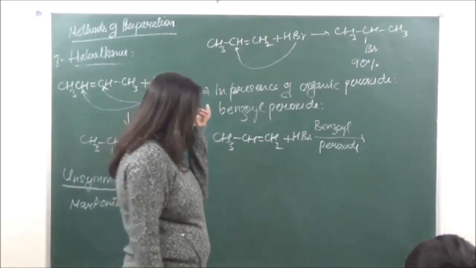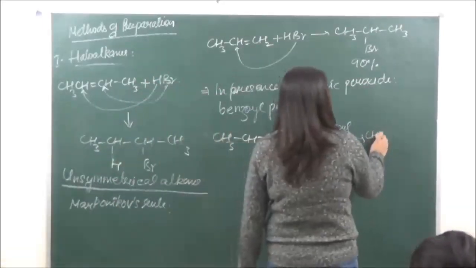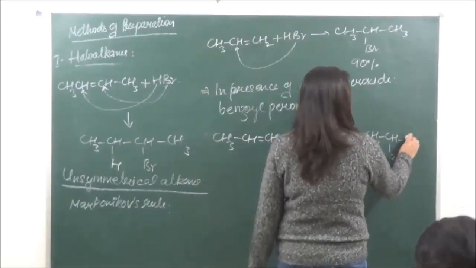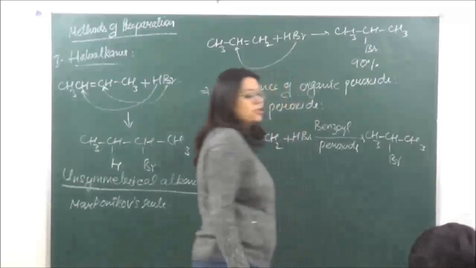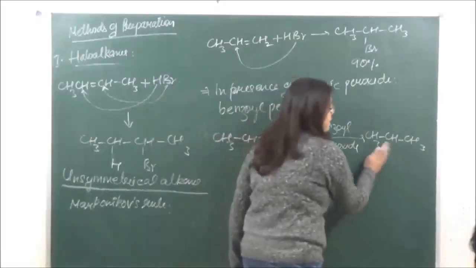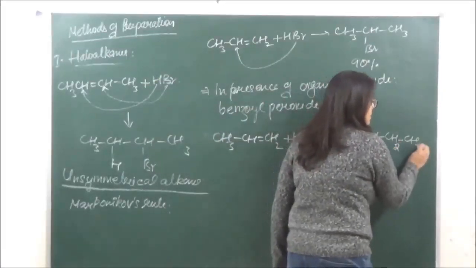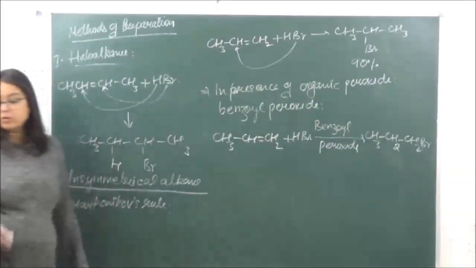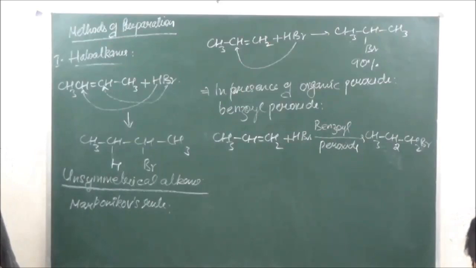So what are we going to get? We will get CH3, CH2, CH2Br, 1-bromopropane. Okay, so this is known as the anti-peroxide effect.